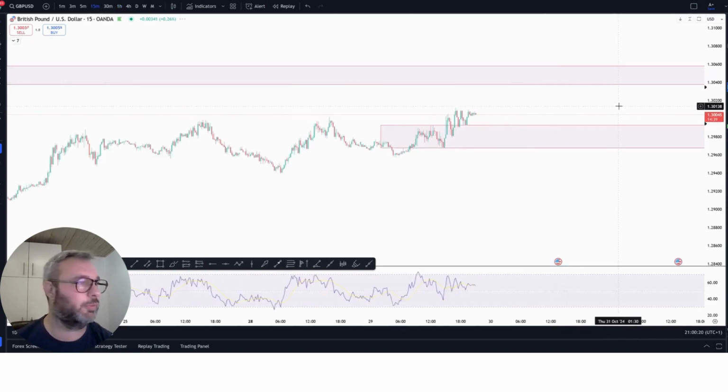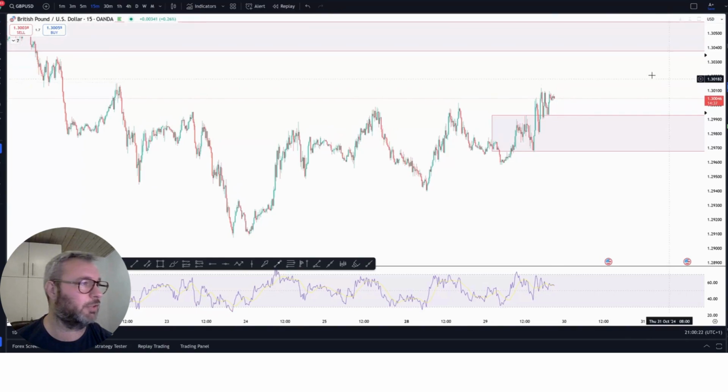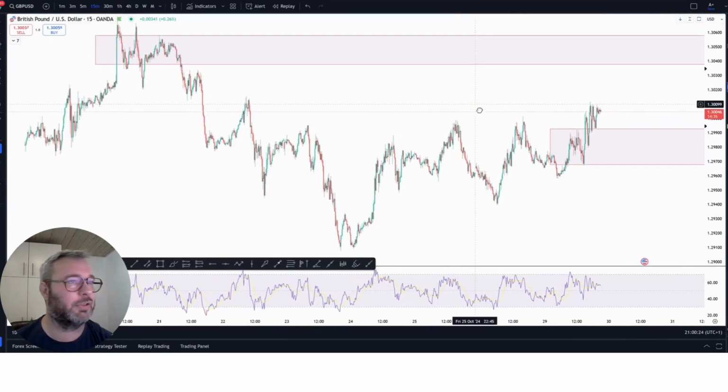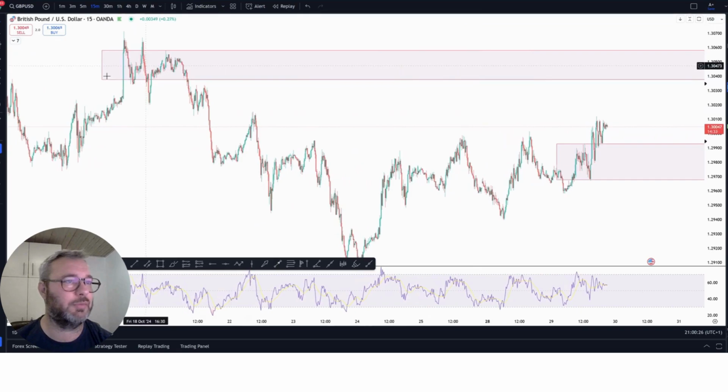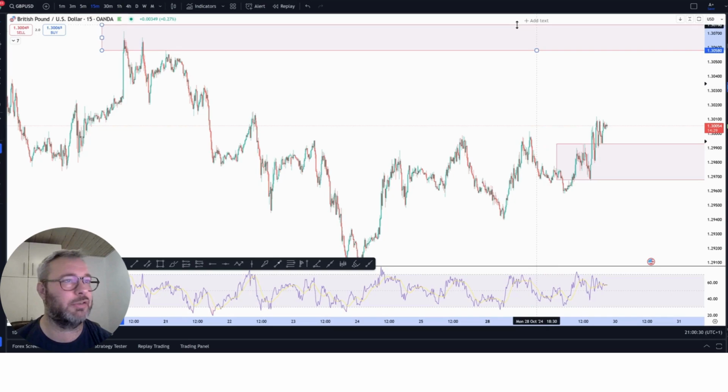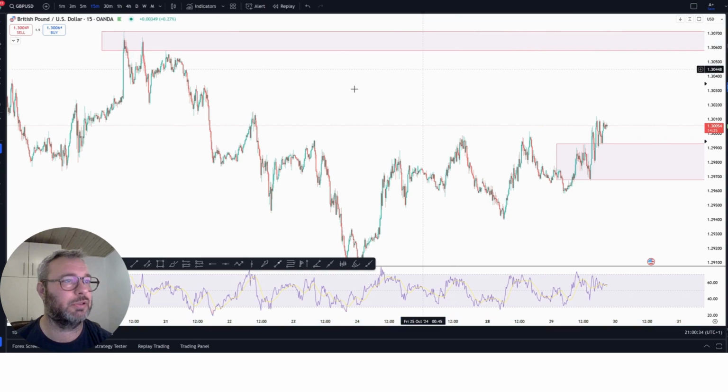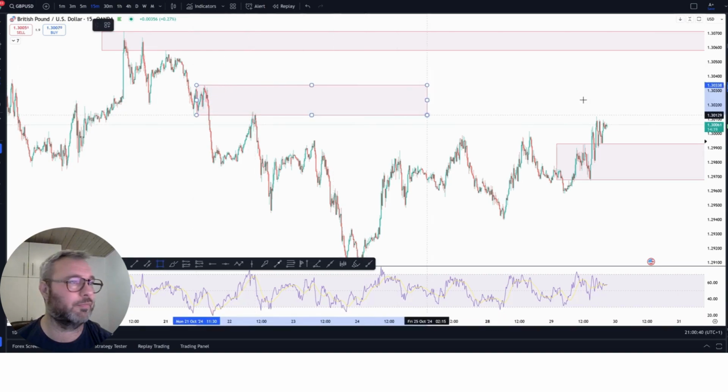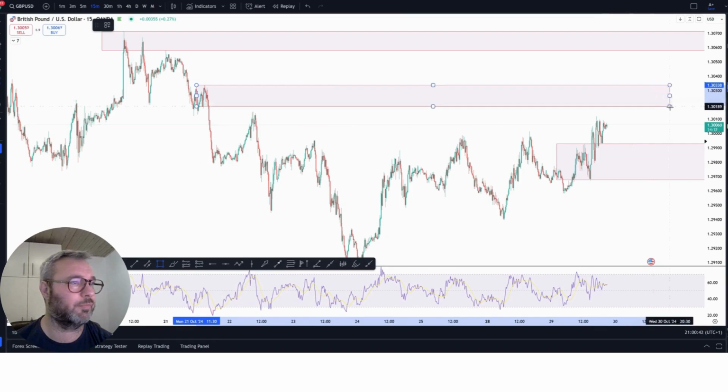Let's go to the 15-minute chart and see if there's something to be done differently. Yeah, I want to change this here to here. And then I want a box here, like this.